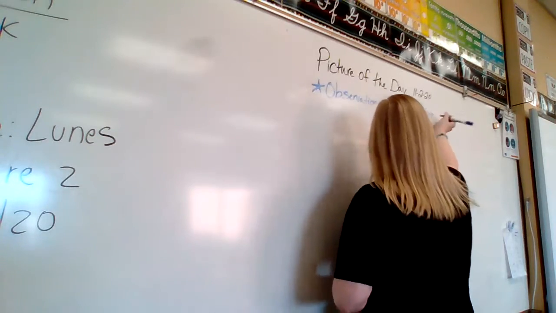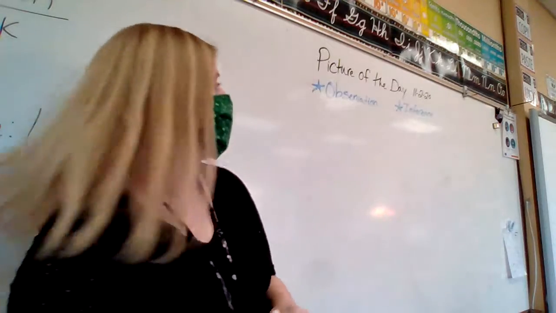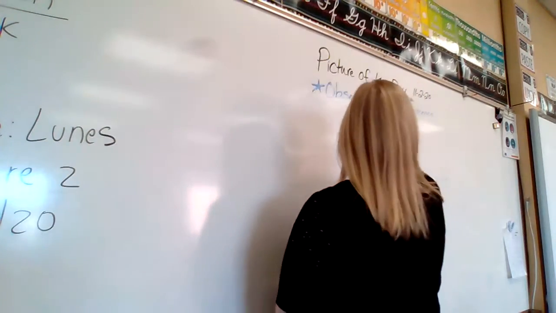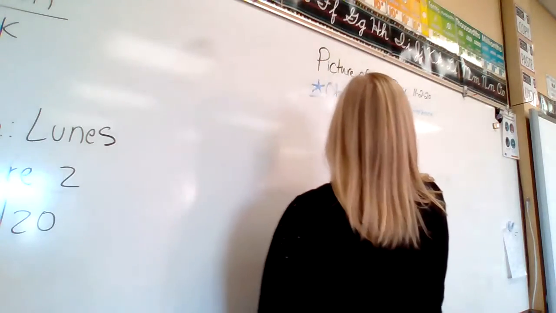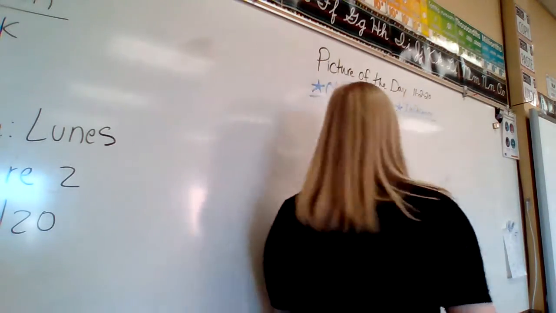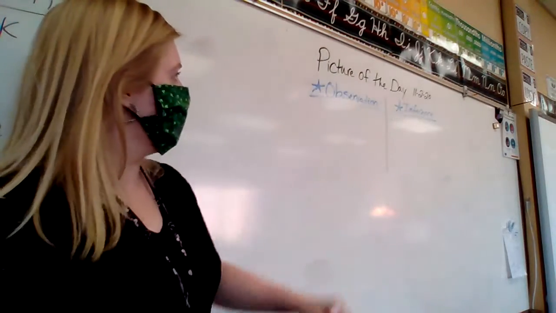Do I have to write this down? Yes, write this down, so you can do it just like I did. What I'm going to do is put a line between them. Not a big line. Don't go all the way down on your paper because we're going to actually be doing some observations and inferences. But a little line to separate the two.